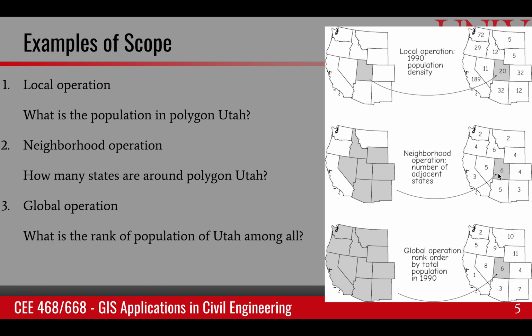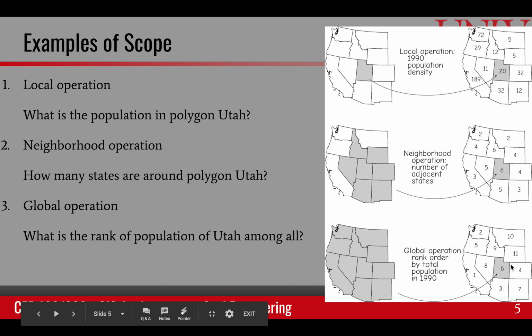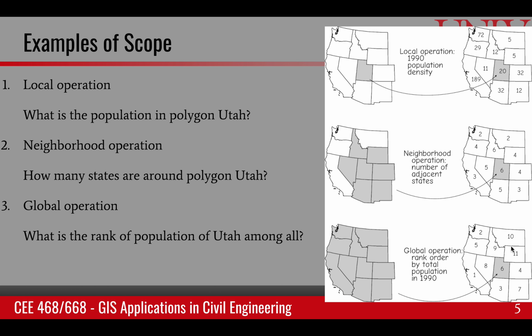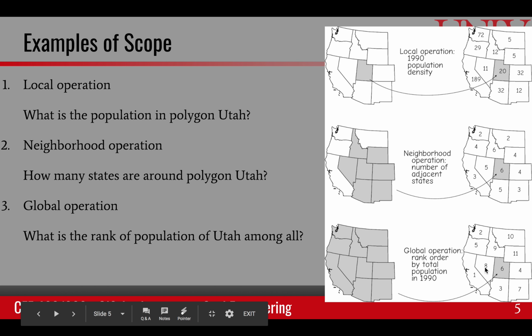The answer would be there are 6 neighboring states of Utah. And lastly, if the question was how does Utah's population rank among the following states, then that's a global operation. To know the rank of Utah, we need to know the population in all of these features. So this would become a spatial operation with global scope. So we have local scope, neighborhood scope, and global scope.